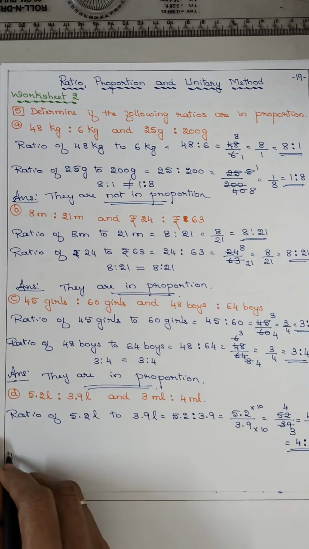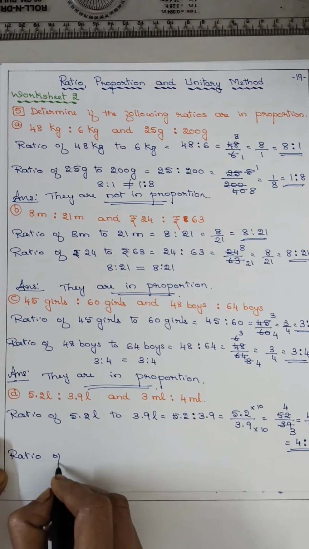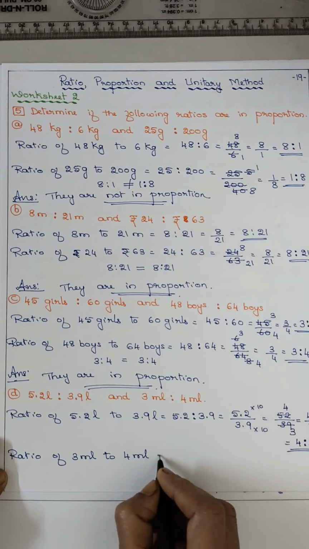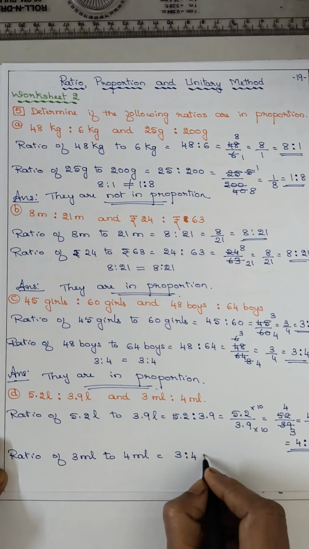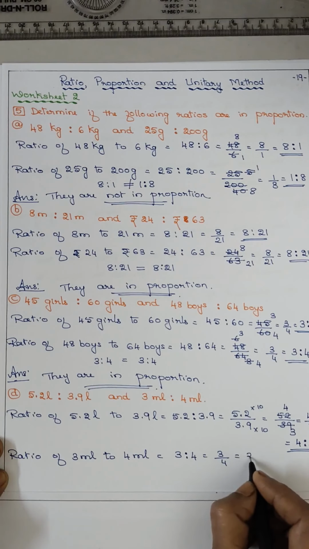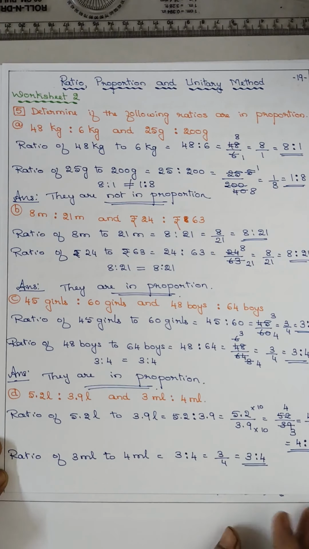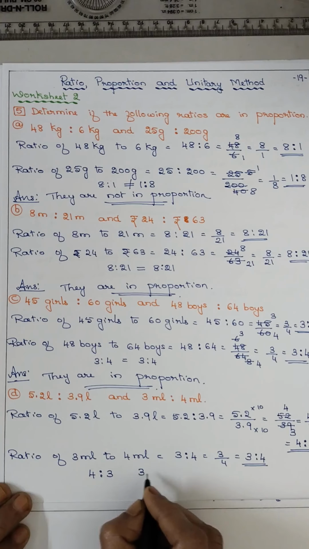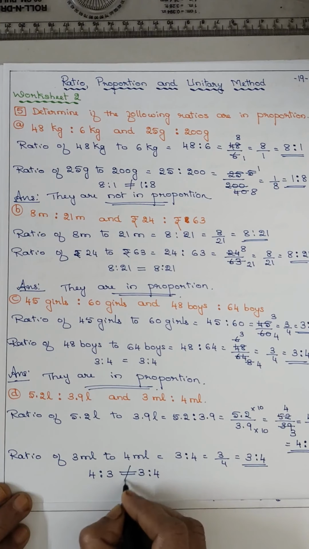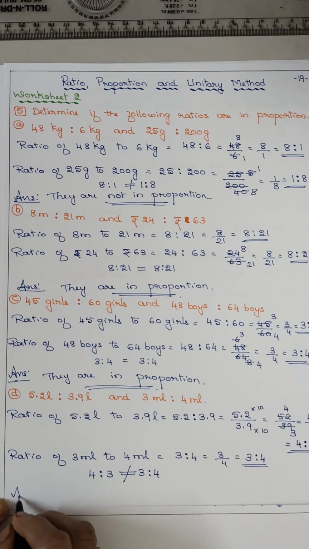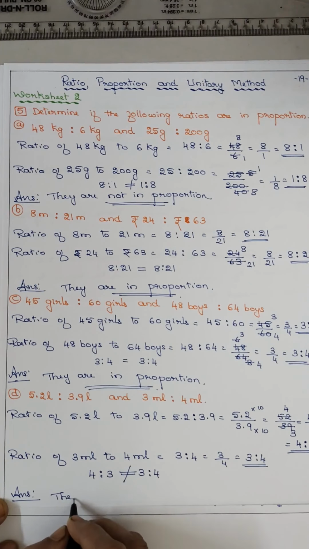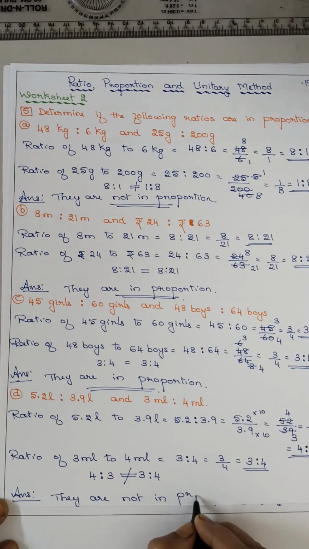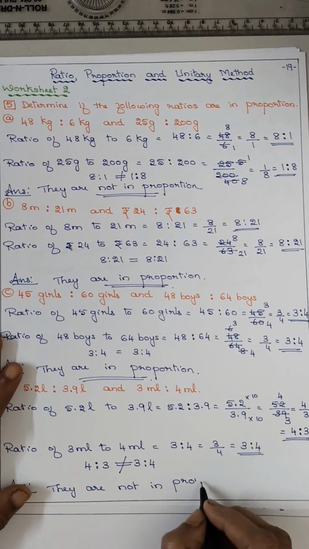Now next is ratio of 3 ml to 4 ml. It is 3:4. Writing it further makes no change, it is already in the simplest form. So first is 4:3, second is 3:4. Are they equal? No. So answer, they are not in proportion. Hope all students are understanding this.